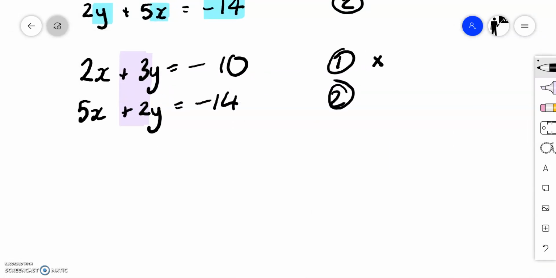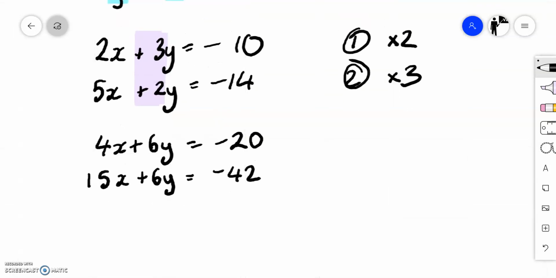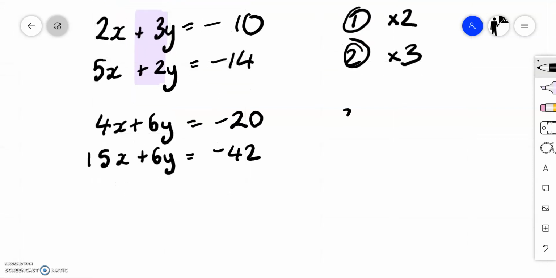I'm going to need to times equation 1 by 2 and equation 2 by 3 in order to get that. So that's going to be 4x plus 6y is minus 20. 15x plus 6y is equal to minus 42. Okay, I'll call this equation 3 and I'll call this equation 4.